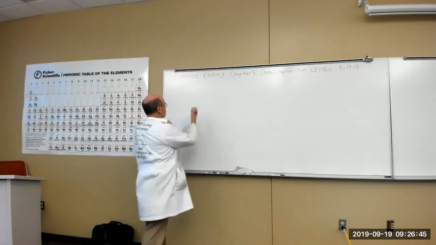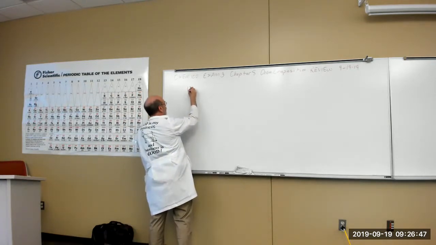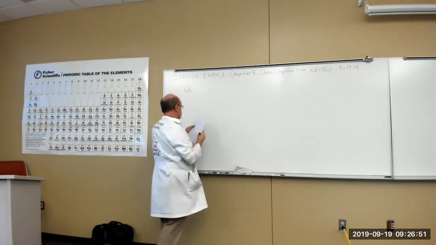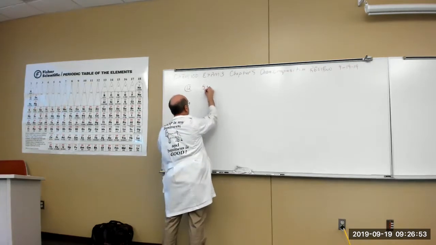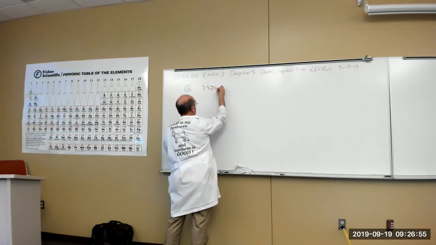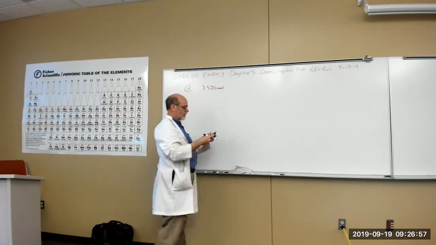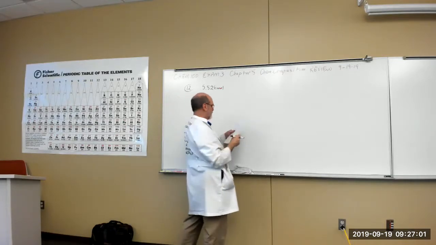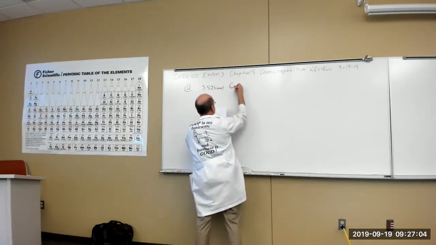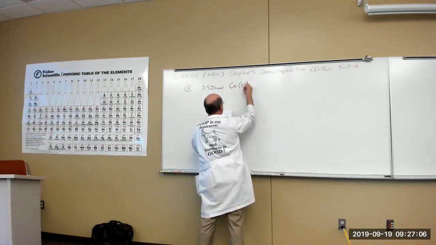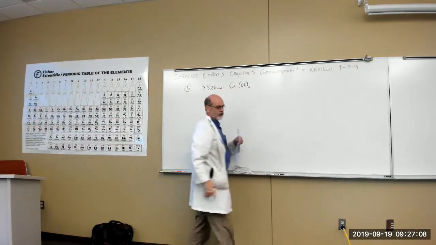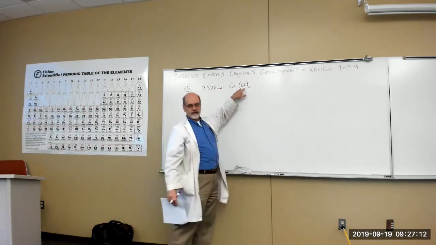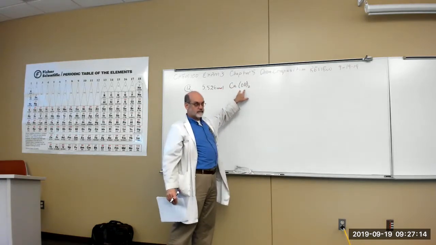Number 12. Okay, what's the mass of 5.826 moles? Oh, and it gives you the compound here. You don't have to do it from the name. That's good. Calcium hydroxide. Hydroxide is a polyatomic ion, so it has to be in parentheses if you need more than one of them.